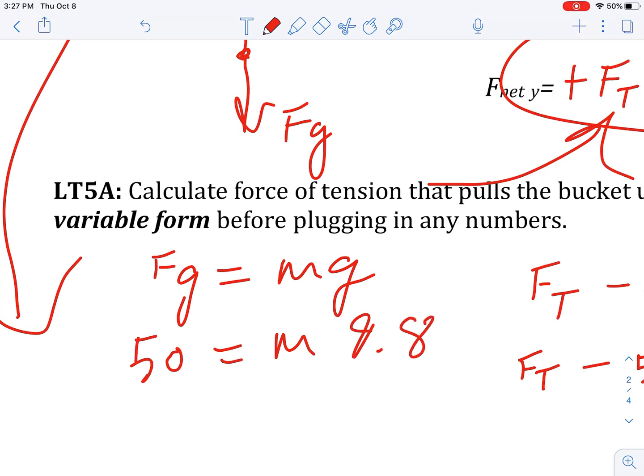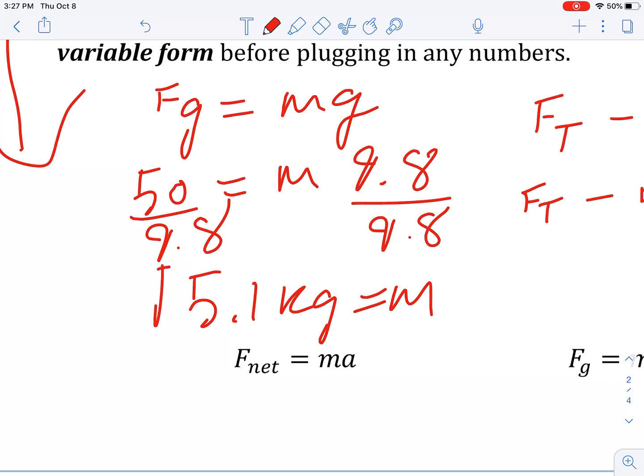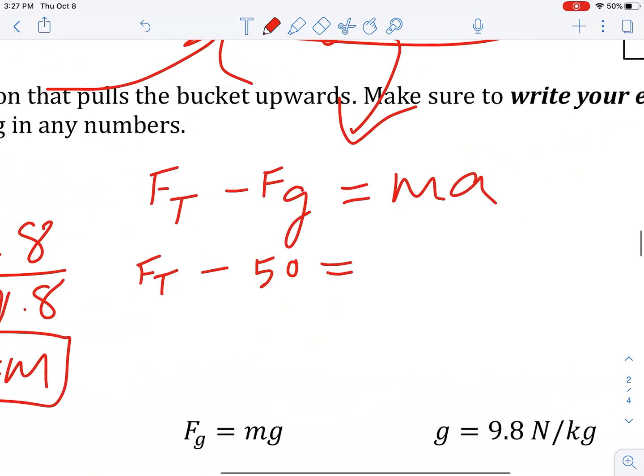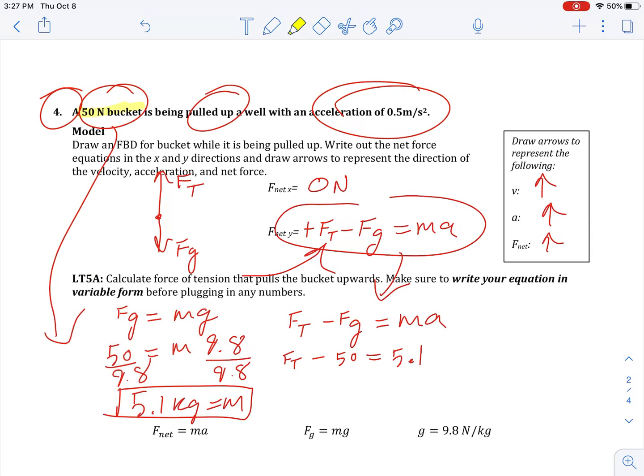So we divide both sides by 9.8, like this. 50 divided by 9.8 is 5.1 kilograms, the mass of that bucket. Okay, now we plug that in over here, 5.1 kilograms, and we're told the acceleration is 0.5 meters per second squared.